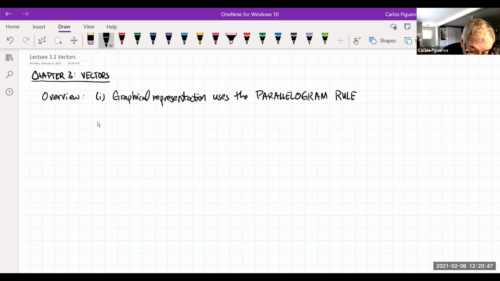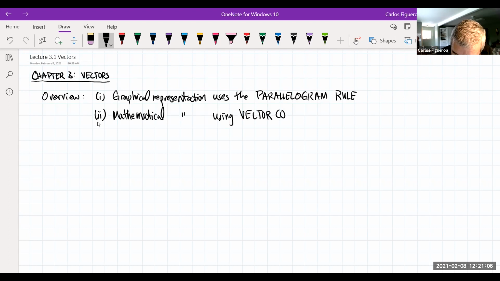The way we want to go, and the most important thing, is the mathematical representation. The mathematical representation uses vector components to do calculations.